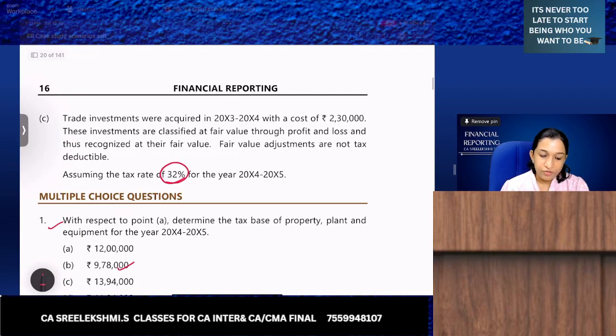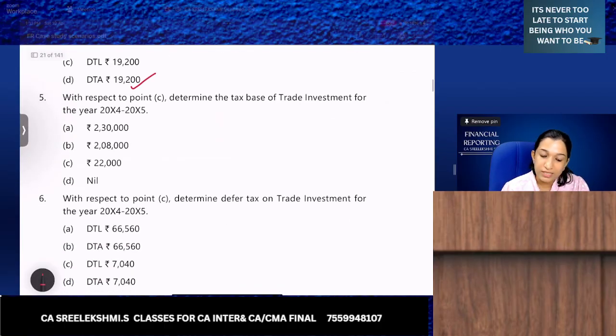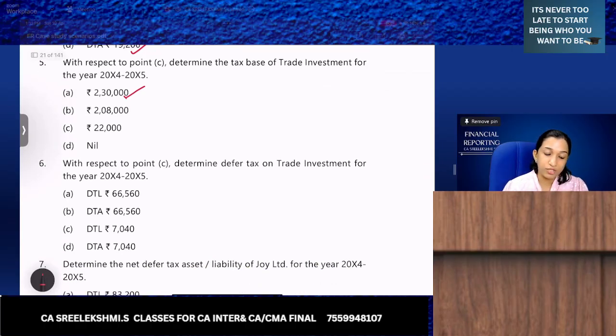Next. Trade investments were acquired in 13-14 with a cost of 2,30,000. These investments are classified as FVTPL and thus recognized at their fair value. The fair value adjustments are not tax deductible. So cost of 2,30,000. With respect to point C, what is the tax base of trade investments? 2,30,000. With respect to point C, determine deferred tax on trade investments.